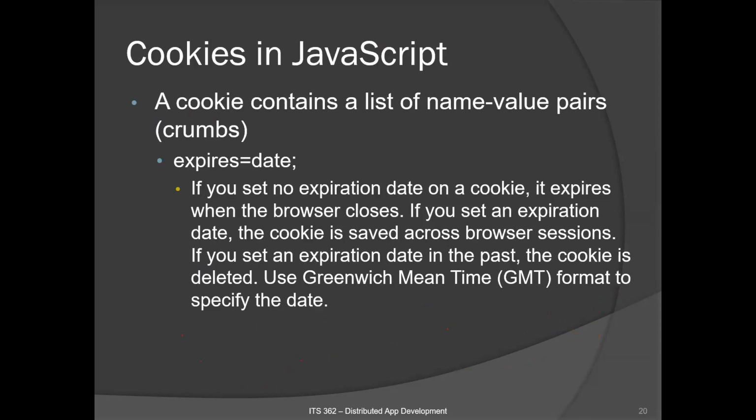A cookie, basically by definition, just contains a list of name value pairs, which is what I said. And it can also contain other parameters like expires. So that can be something associated with the cookie. If you set no expiration date on a cookie, it expires when the browser closes. If you set an expiration date, the cookie is saved across browser sessions.